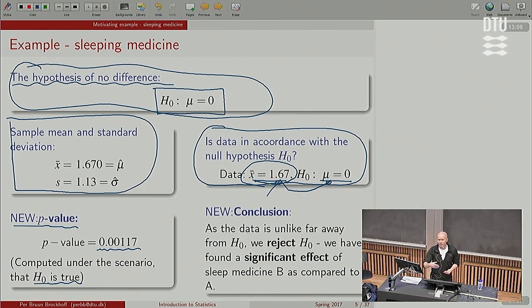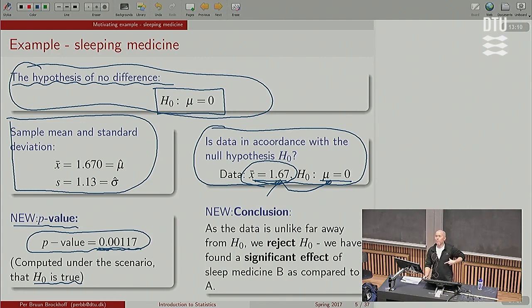Could it be that it could very well be 0, but then this deviance from 0 is a pretty expected effect to see? This probability, from my personal perspective, is pretty low, 1 out of 1,000. It will only happen 1 out of 1,000 times I do such an experiment, with truly no difference of the medicines, that I would see such a large discrepancy between the 0 and the data.